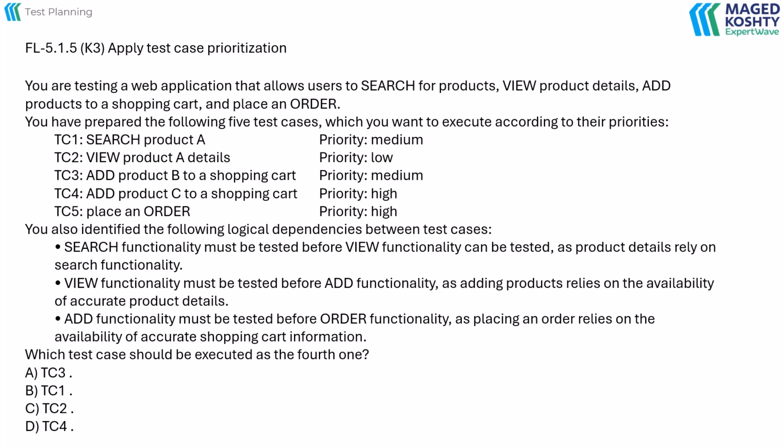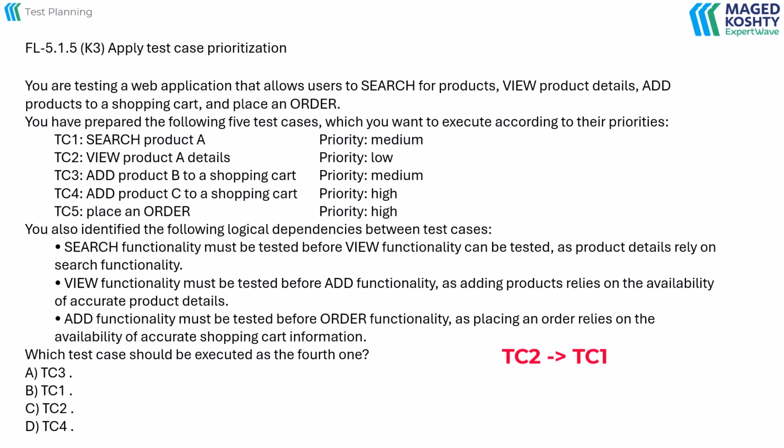So the logical dependency between the test cases is not quite as clear as in the previous question. We need to derive it ourselves. Search functionality must be tested before view functionality can be tested, as product details rely on search functionality. Test case 2 depends on test case 1.